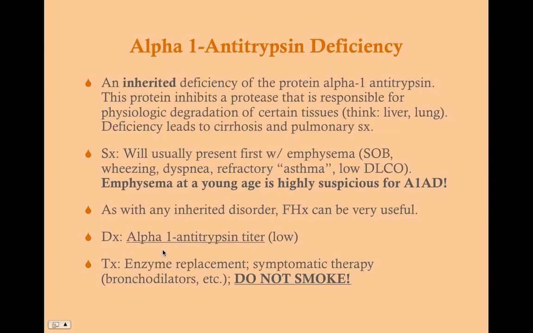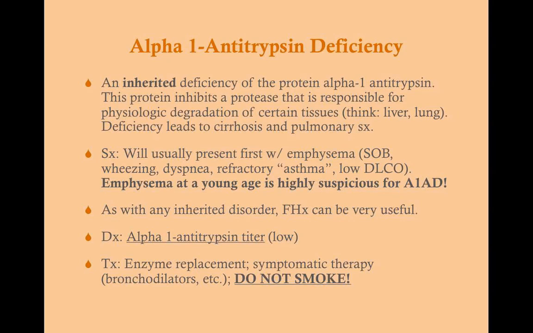Okay, alpha-1 antitrypsin deficiency. This is another inherited disorder, and this tends to present in pediatrics. It's an inherited deficiency of the protein alpha-1 antitrypsin, which inhibits a protease.